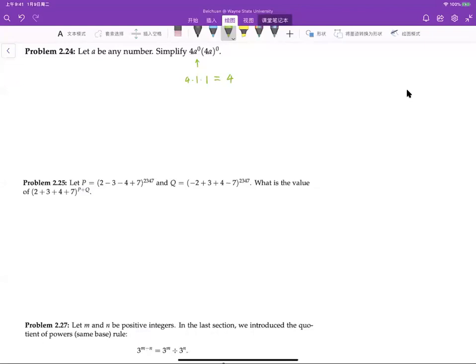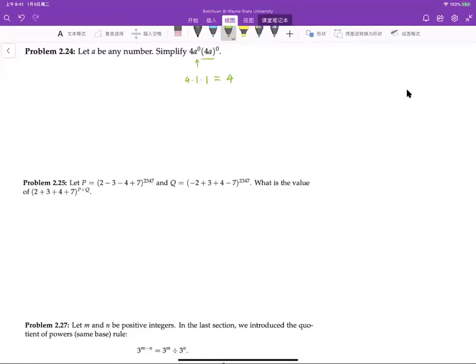By the way, actually we should calculate the parentheses first. Whenever you see parentheses, they are always prior to all of the other terms. But in this case it doesn't matter because it doesn't affect the answer. In all of the other problems, please take care of that.